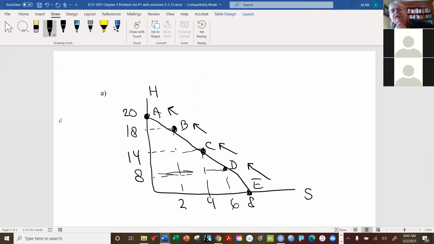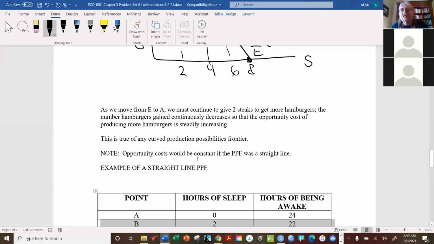You're not typically getting them from the same part of the cow, and they're not produced in exactly the same way. So while they're very closely related, there's a limit to how far you can replace one with the other. And that's why this curve is curved, because the resources are not perfect substitutes for each other.